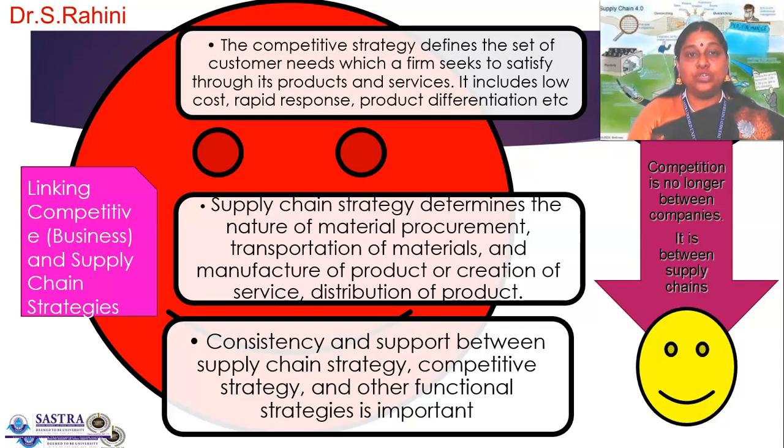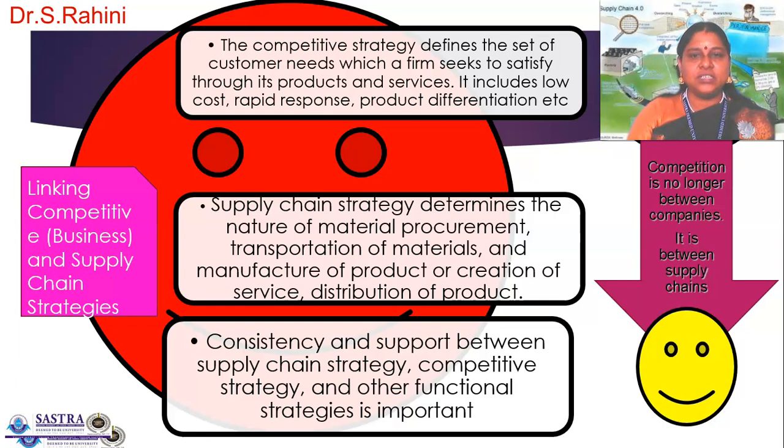How they want this to be transported, how the shipment should be, and oil leakages should not be there. So those types of transportation materials also should be considered here. And manufacture of product or the creation of service and distribution of the product. So supply chain strategy fully determines the nature of material procurement, transportation materials, manufacturing of the product or the creation of the services, and also the distribution of the product.